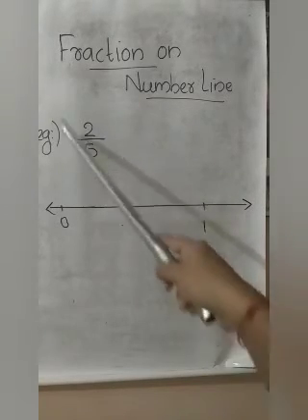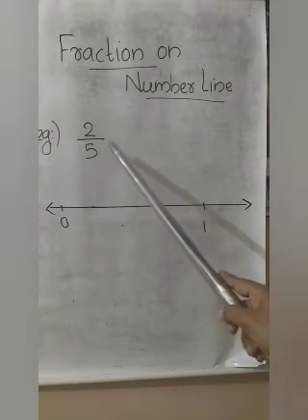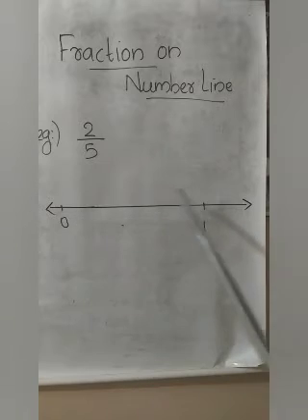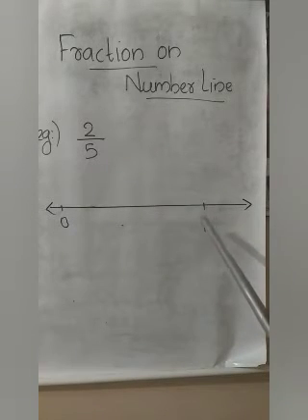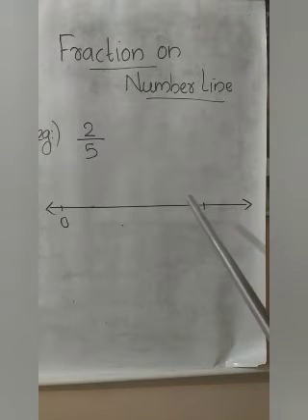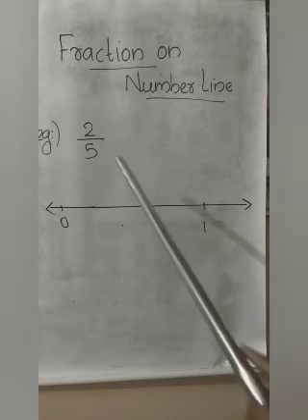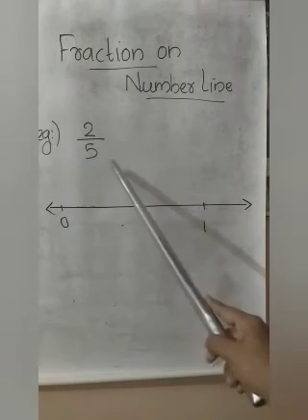So what is the whole here? 5 parts. So on the number line, consider the distance 0 to 1. That means you consider 1 unit distance. Into how many parts are you dividing that distance? 5. Why are we dividing into 5 parts? Because here the fraction is 2 by 5, isn't it?